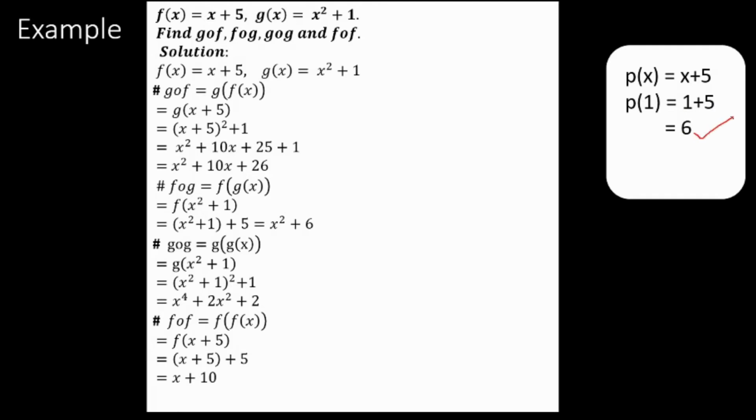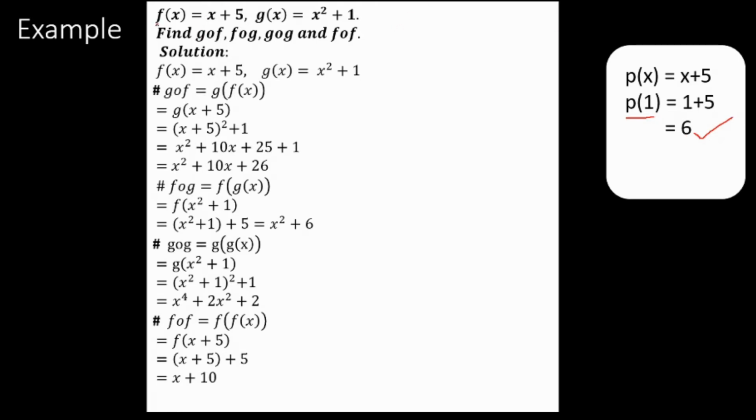I guess all are aware, I need not explain, it's almost clear. If your p of x is equal to x plus 5, and the value of x is 1, p of 1 equals 1 plus 5, which is equal to 6, and your final answer is 6.